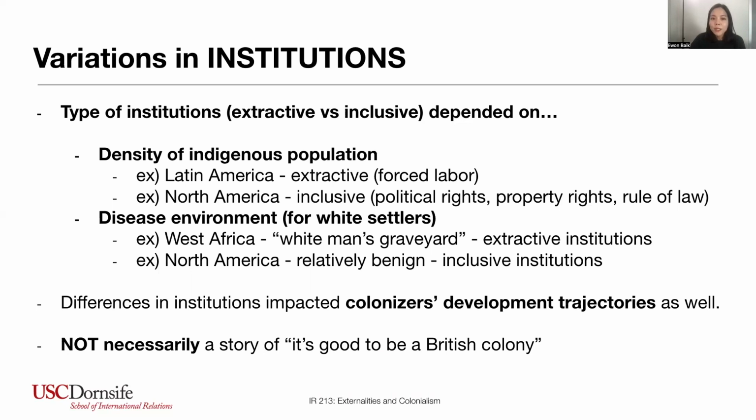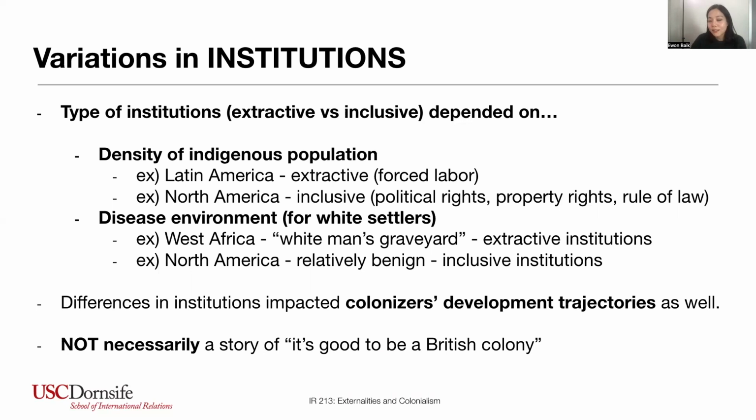And another important variable that influenced what sort of institutions were set up, besides the density of the existing population, was the disease environment for the potential European settlers. So Acemoglu, Johnson, and Robinson looked at the death rates of early European settlers in colonial regions between the 1600s and 1800s. And again, in North America, something that encouraged colonization was the relatively benign disease environment.